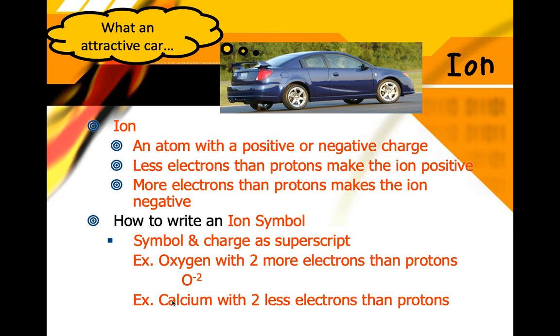Capital C, small o is 1 element. That's why that's important. All right, 2 less electrons means less negative pieces, so you're positive by 2 parts. So Ca with a +2 charge. This is an ion symbol that tells me that calcium has lost electrons. It has less electrons than normal, so it's the calcium ion.